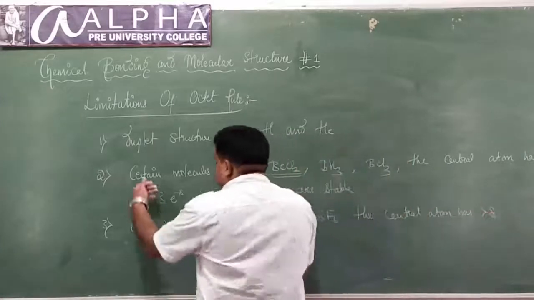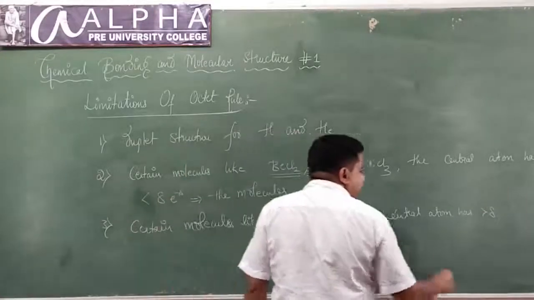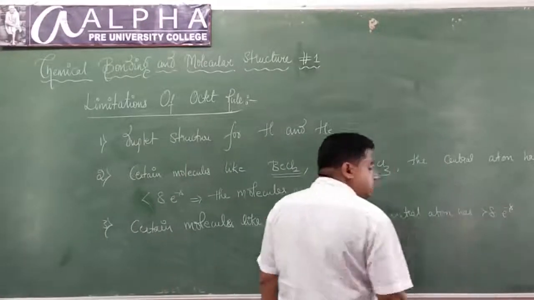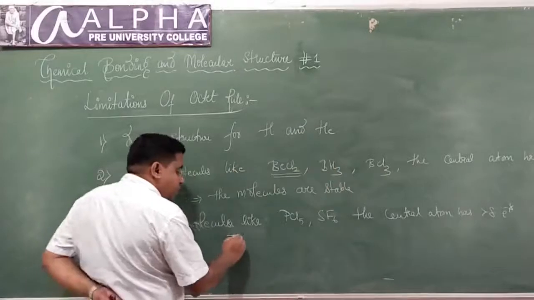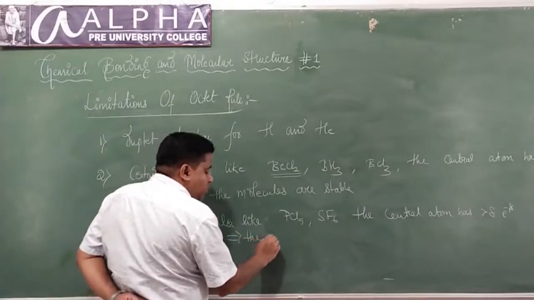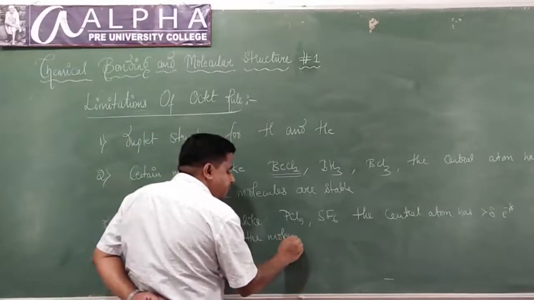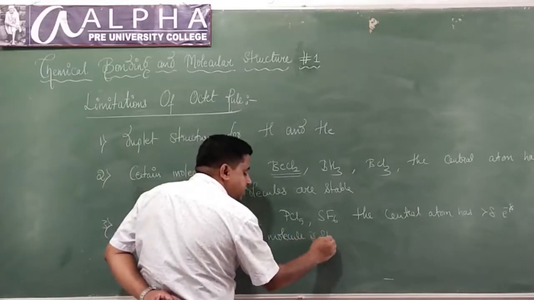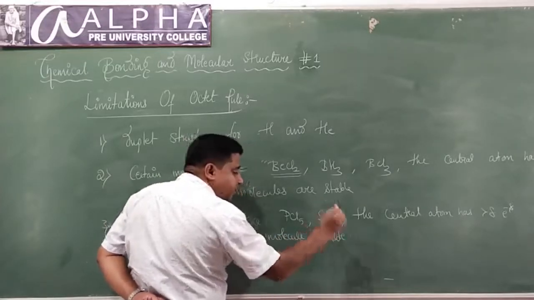The earlier case was less than 8 electrons; here it is more than 8 electrons. Here also the molecule is stable.